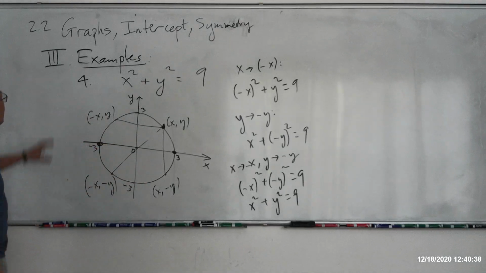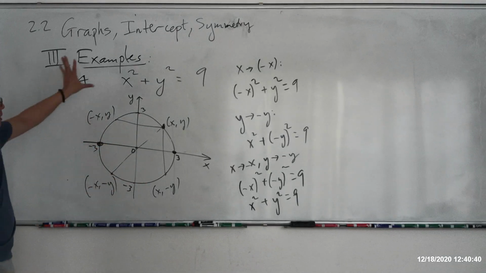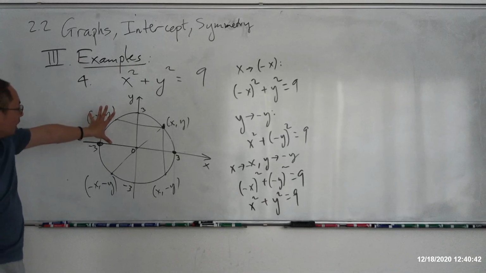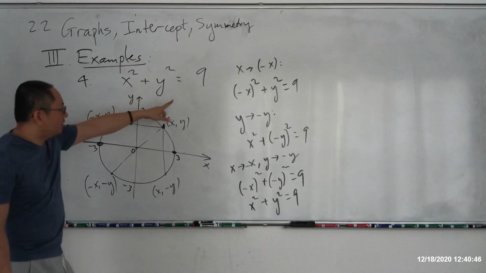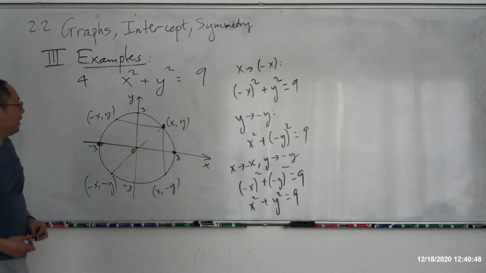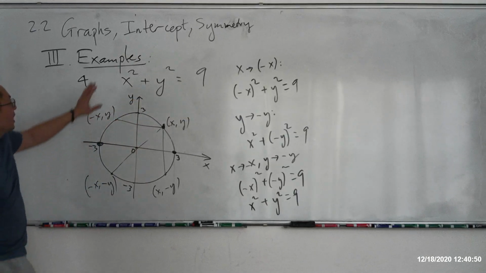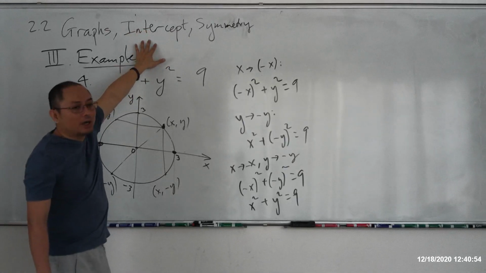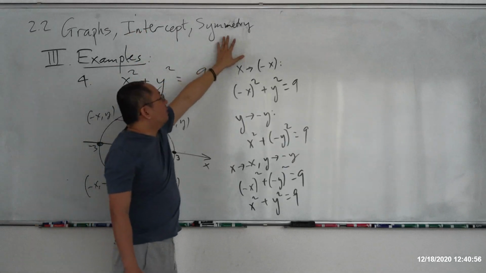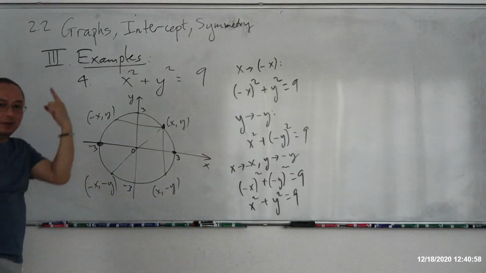So to wrap up this section, what we learned in here, we learned about plotting the graph, right? We have an equation in general. We can plot some points to have the graph, and then we learned about the intercepts, right? 2 types, x-intercept and y-intercept. And then we learned about symmetry, 3 types.